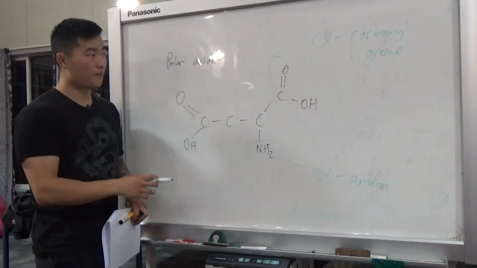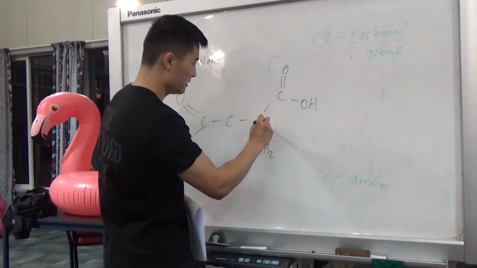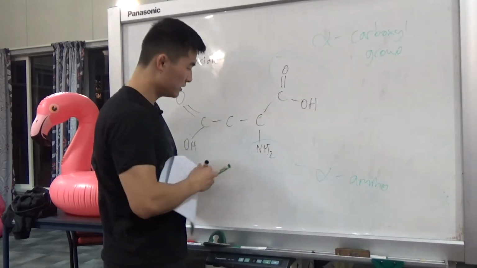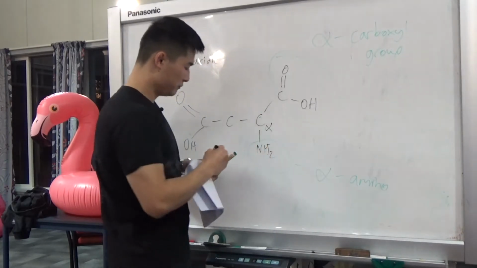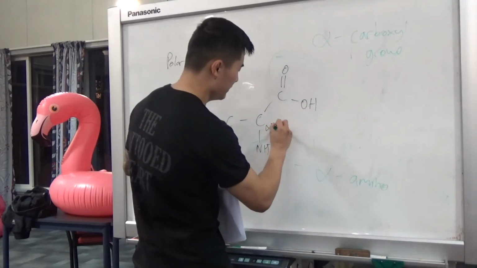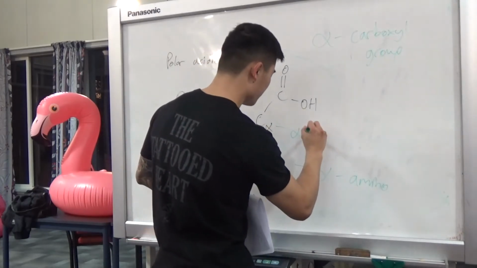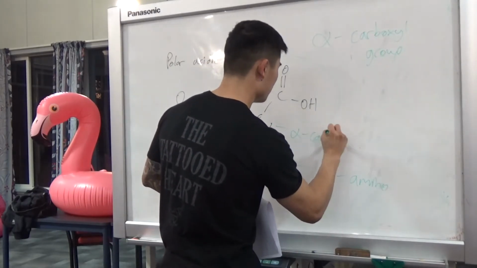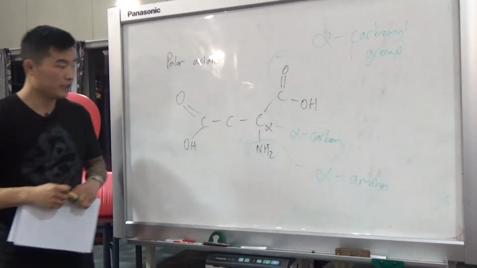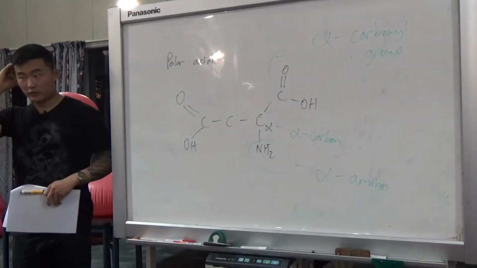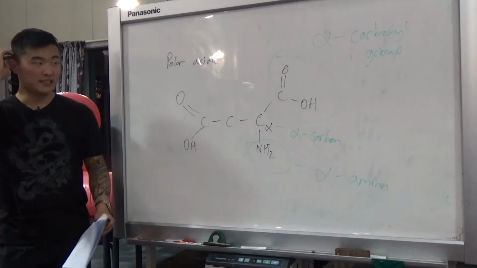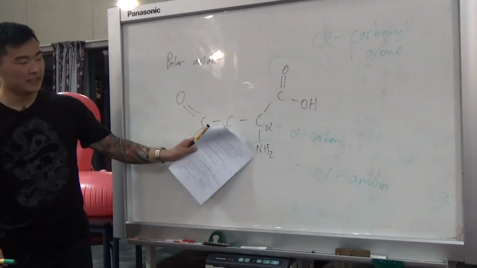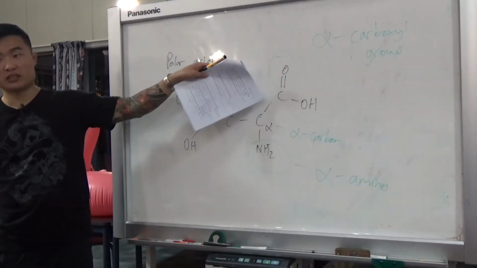And this carbon here is the alpha carbon. You need to be able to recognize which one the alpha carbon is. It's the one that has an amino group and the carboxyl group attached to it.